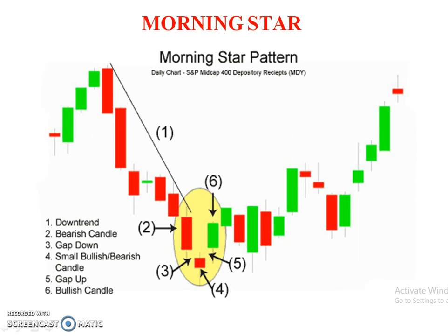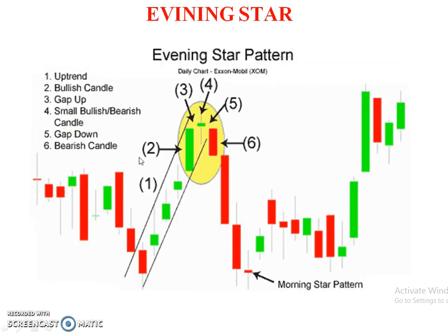In the evening star, at the end of uptrend, one candle appears gap up and the next candle appears gap down. To observe gap up and gap down, one can ignore the tails and consider only the candle body. The gap down candle must close below the half of the first candle in the formation indicated by number 2.